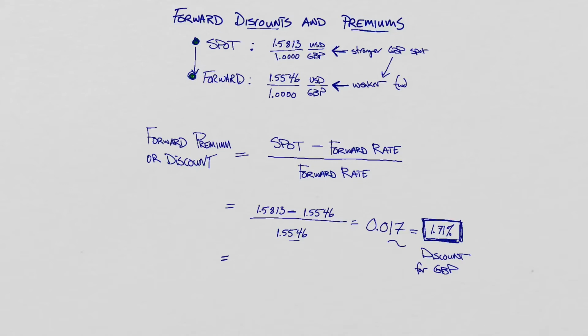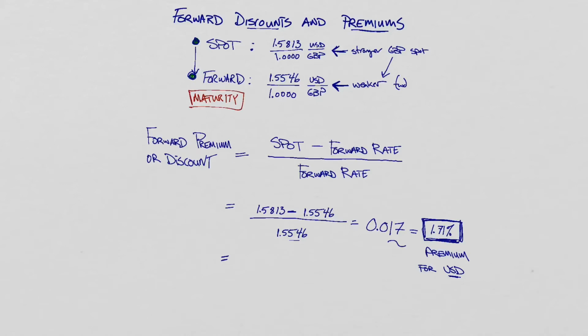We could likewise say that this is a premium for the USD. We just have to be aware of which currency we're talking about when we say forward premium or discount. And then the one thing I left out here is that forward rates always have a specific maturity attached to them.